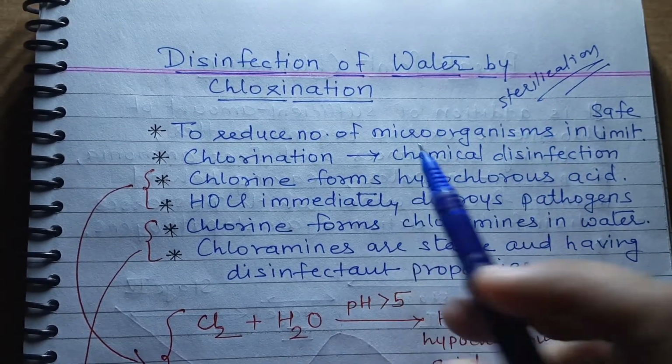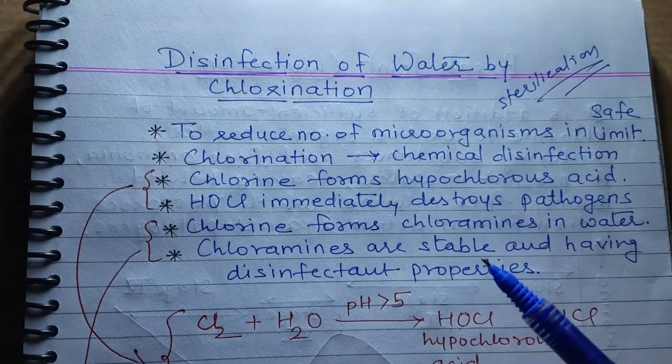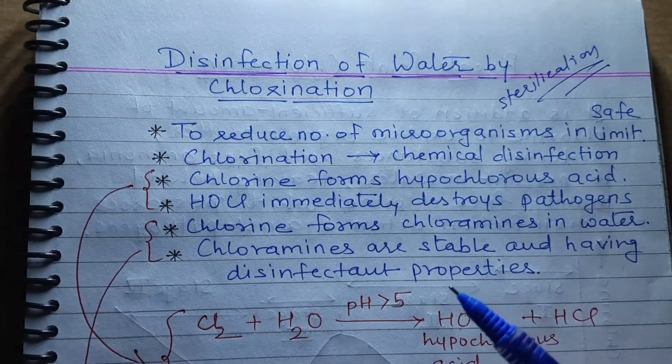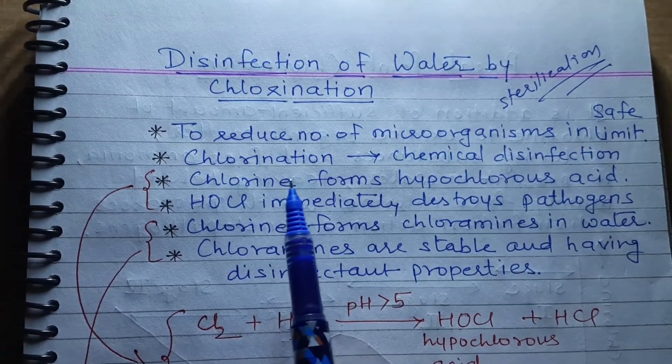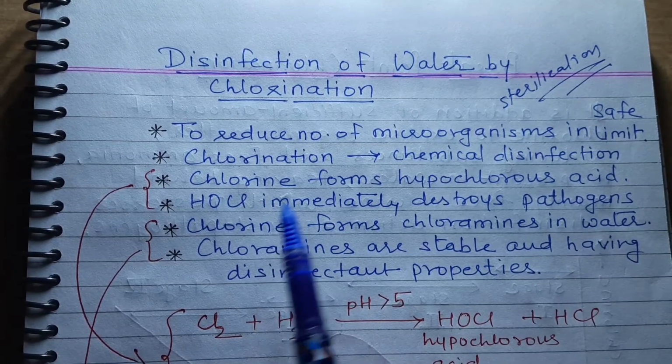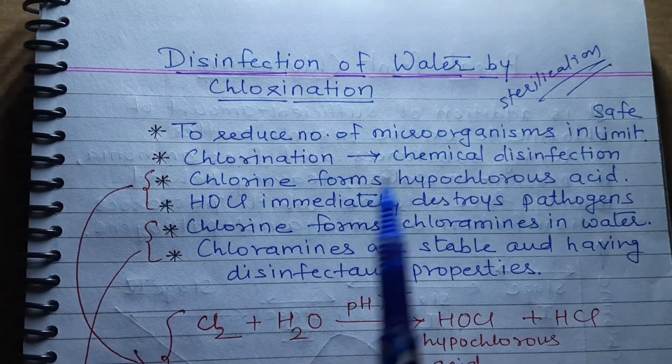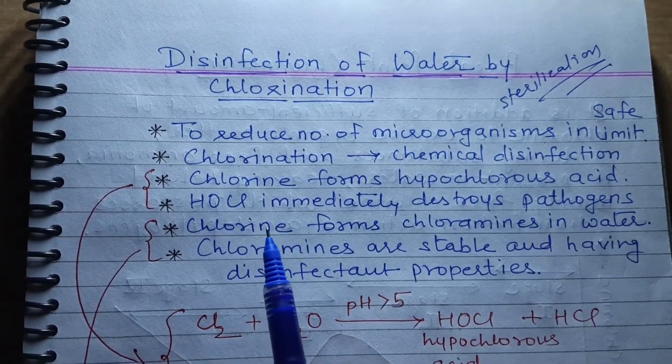For this disinfection process, we can use any physical agent or any chemical agent. Physical agents are like UV light, or we can boil the water, and so many other things. And chemical agents are when we add chemicals to the water which destroy the microorganisms.